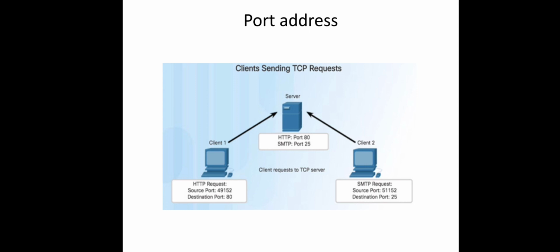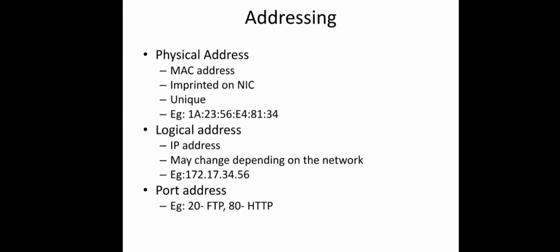Another name for this port address is service point address, or service access point also. Usually this port number will be a 16-bit number, and the initial numbers, like 0 to 1023, are reserved for well-known services. So here you can see that port number 80 is reserved for HTTP, port number 20 is reserved for FTP, 21 also is for FTP, 23 for Telnet.